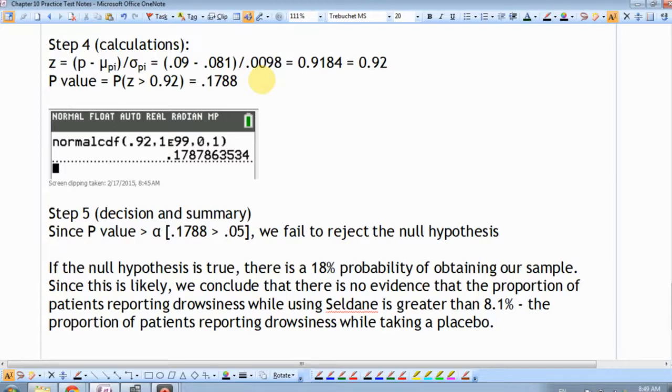Does that mean people who take Seldane don't get drowsy? No. Why do we fail to reject the null hypothesis if we got 18%, which is greater than 5%? We reject if the p-value is less than alpha.